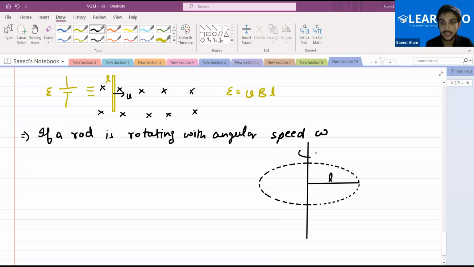It is moving in this vertical plane with angular speed omega. Will there be any EMF?